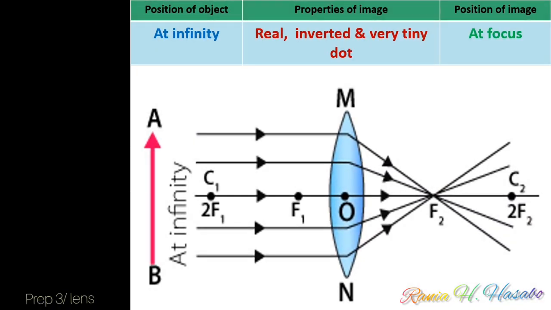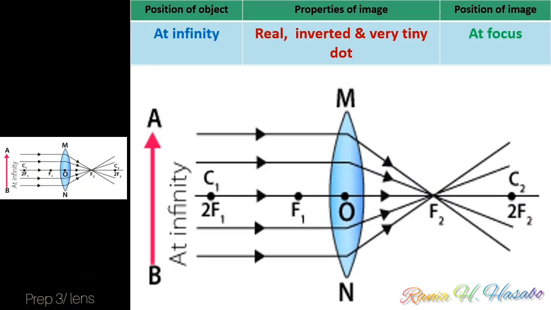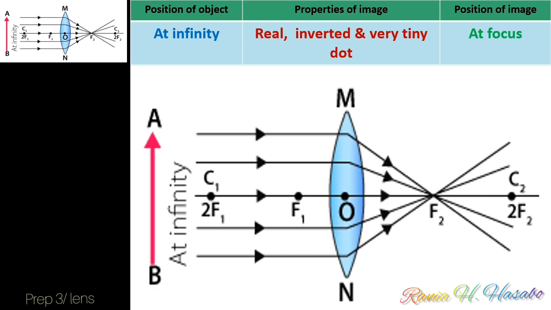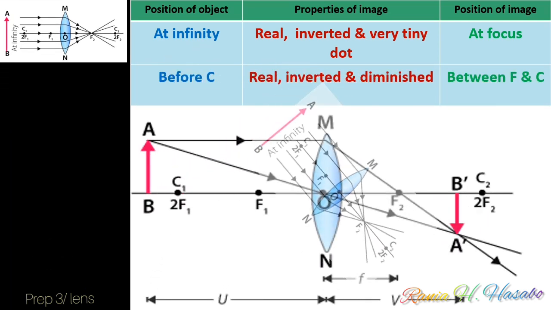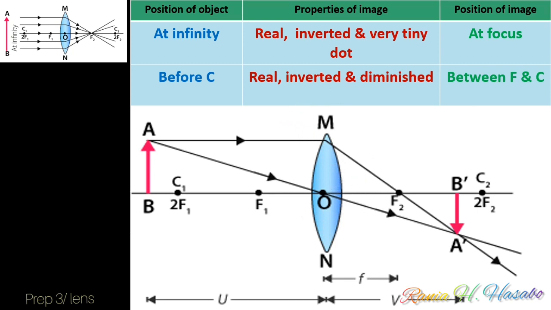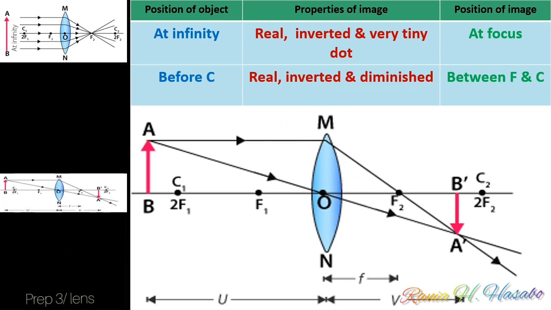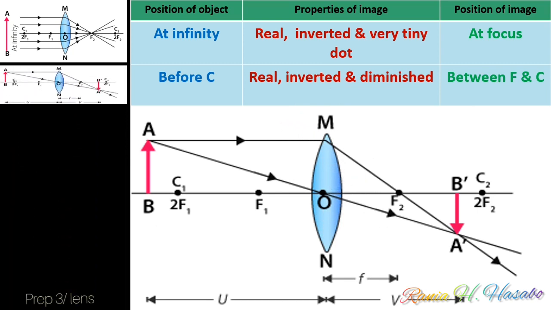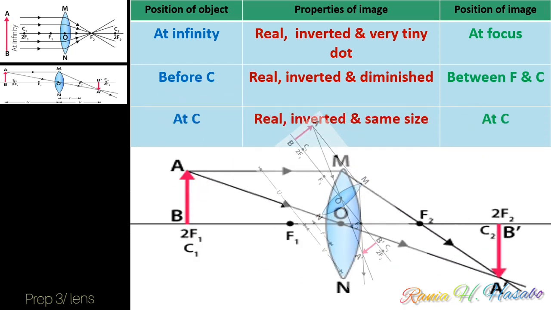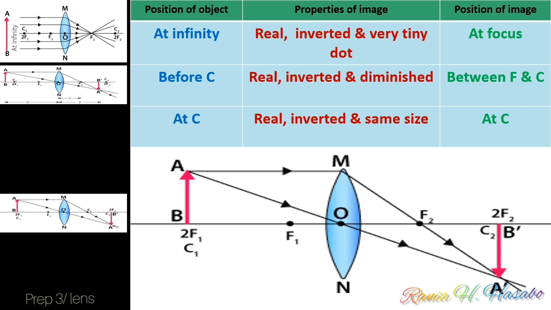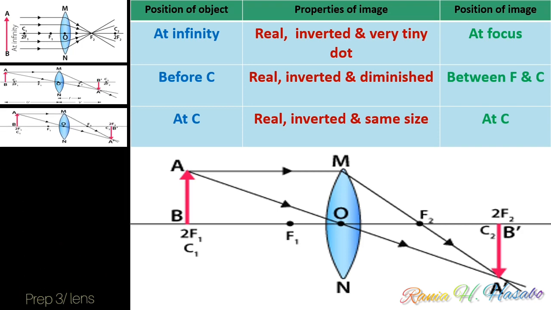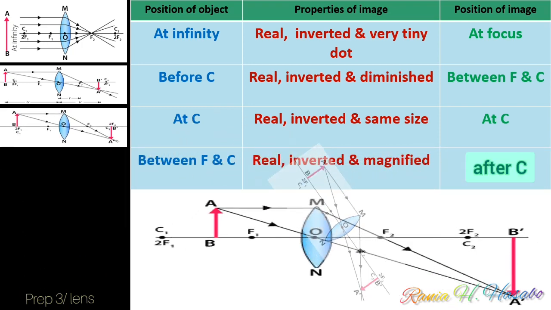Remember with me the properties of the image. If the object is very far, like the sun, it will form a real tiny dot at the focus. If it stands at a distance greater than double the focal length, it will form a real, inverted, diminished image between F and C. If the object stands at C, the center, it will form a real, inverted, equal-sized image at the center.